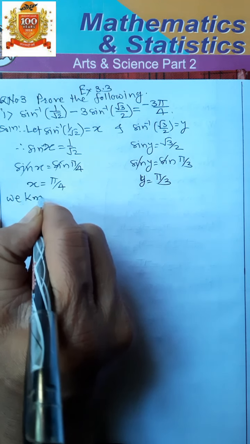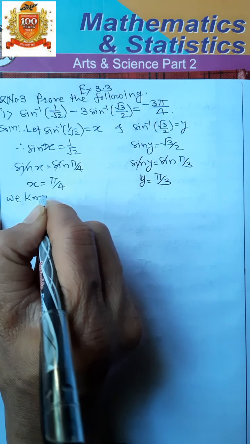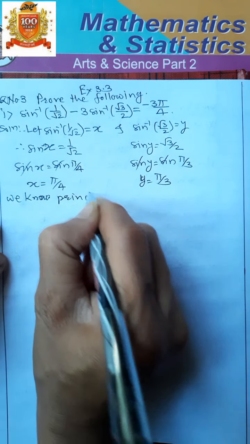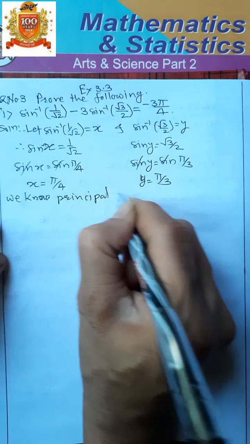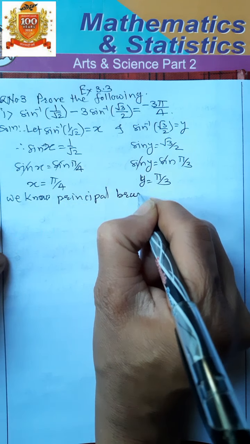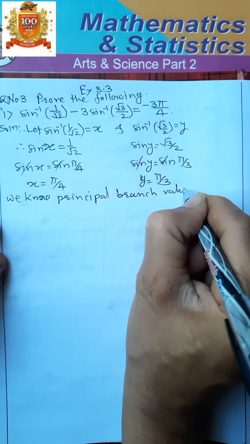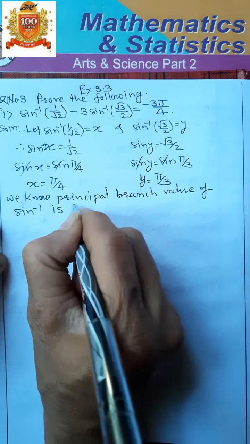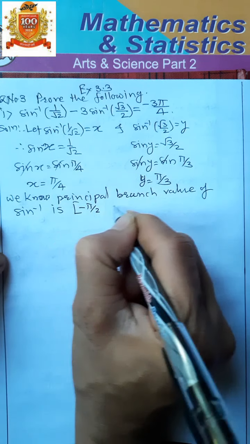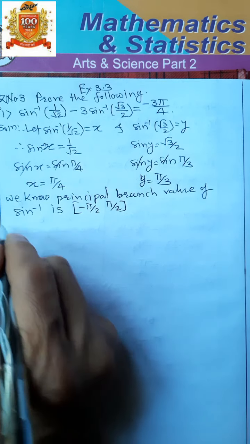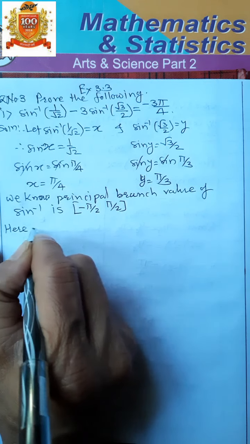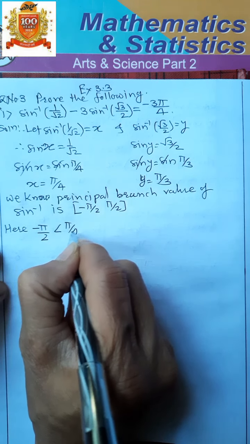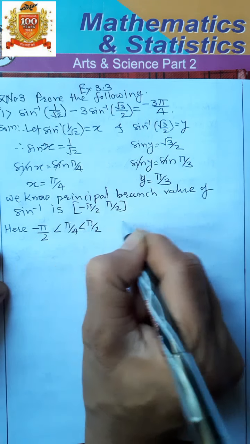We know the principal branch value of sin inverse is the closed interval minus pi by 2 to pi by 2. Here minus pi by 2 is less than pi by 4 is less than pi by 2.